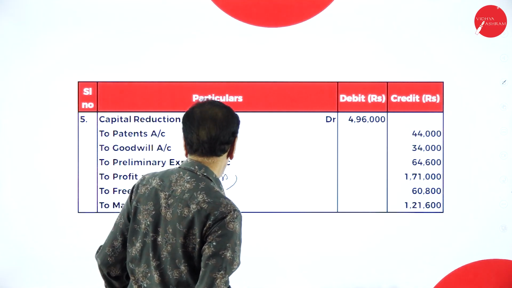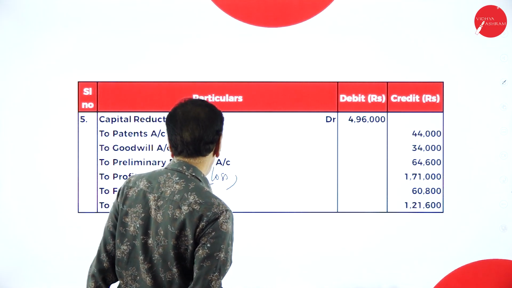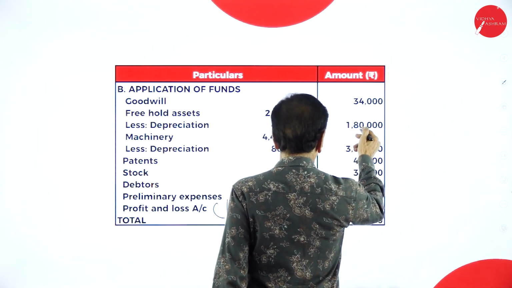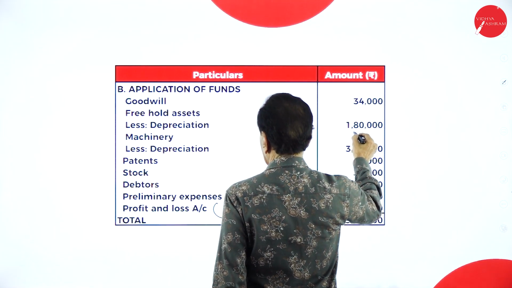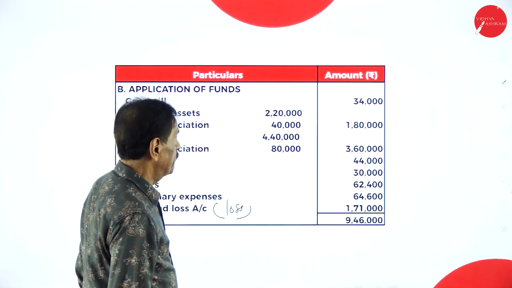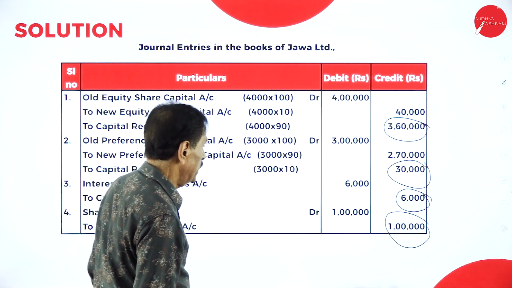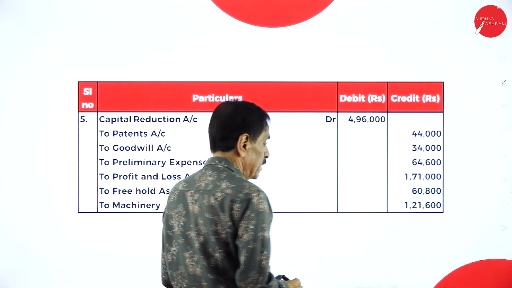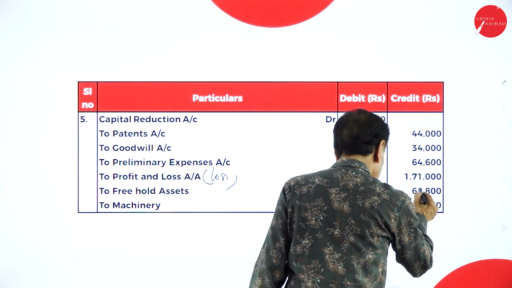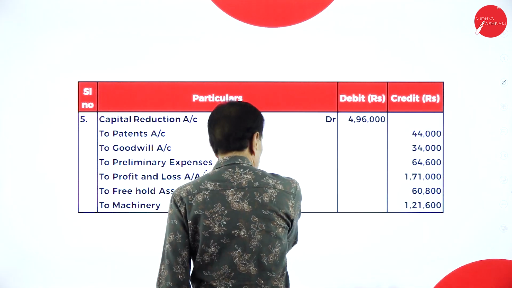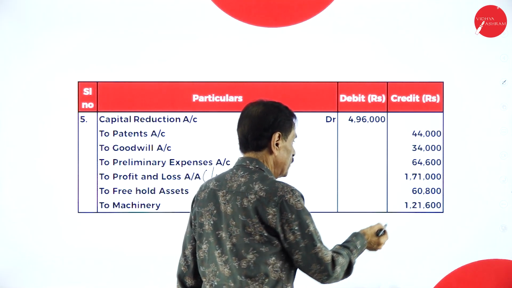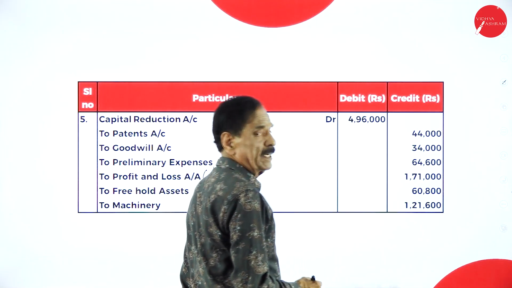Whatever is available has been utilized for freehold asset and machinery. If you see your balance sheet, they are in the ratio of 1,80,000 is to 3 lakh, that is 1 is to 3. 1 by 3, 2 by 3. How much is available you have to see. Here, how much is utilized? 4,96,000, whatever the amount available here. So 1 by 3 of this amount is 60,800. Double the amount, 1,21,600.